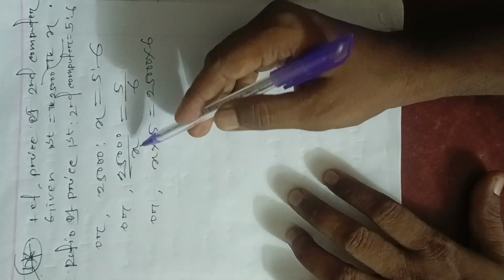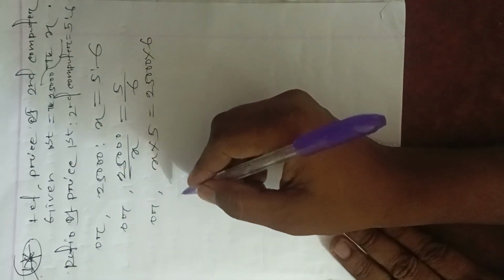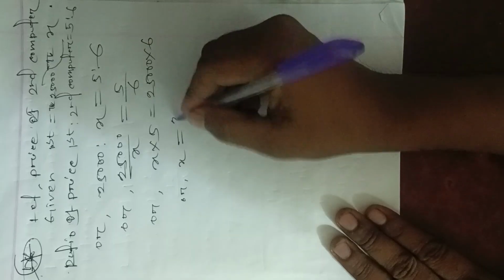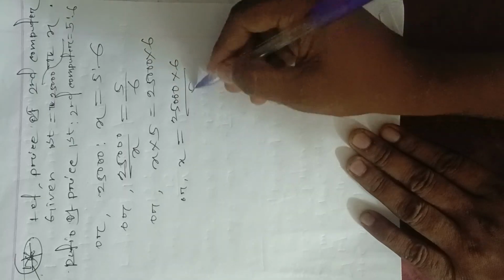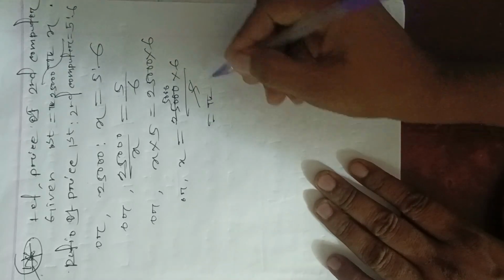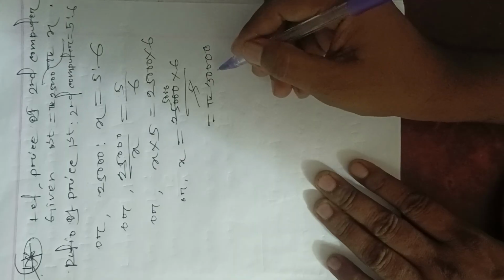If you cross multiply, 5 into x becomes 25,000 into 6, or x equals 25,000 into 6/5. If we cut 25,000 by 5, it becomes 5,000 into 6. That means taka 30,000.